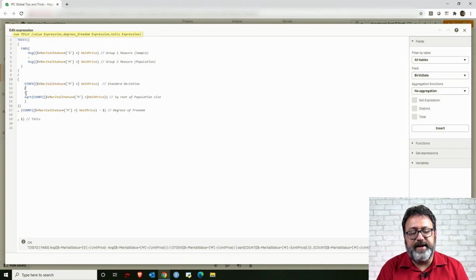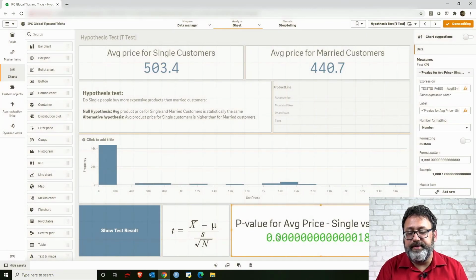And then that is divided by the square root of the quantity of the group that we're comparing against, our control group, which is the married customers. So that seems complex, but after you break it down, it's not that much of a formula. It's how we calculate the p-value using t-statistics.